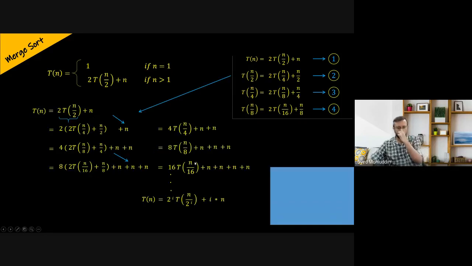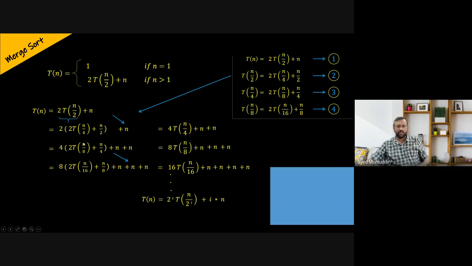Now let us successively substitute these things. So here we have 2T of n by 2 plus n. Instead of T of n by 2, we substitute 2T of n by 4 plus n by 2. So 2 into 2T of n by 4 plus n by 2. What happens here is 2 multiplied by 2 is 4T of n by 4, plus this 2 and 2 get cancelled, so this is n plus n.